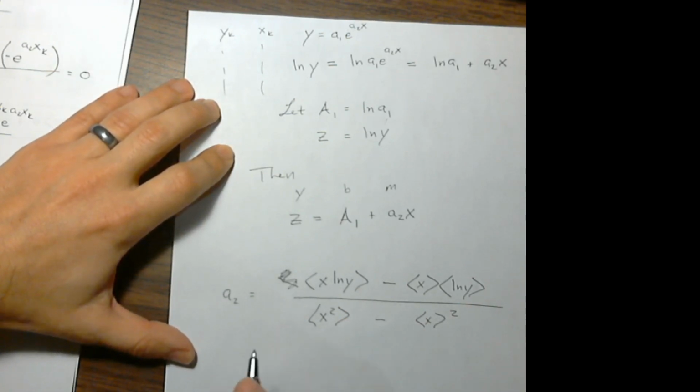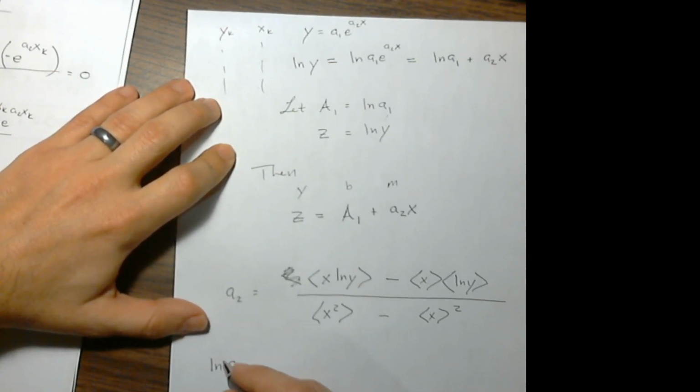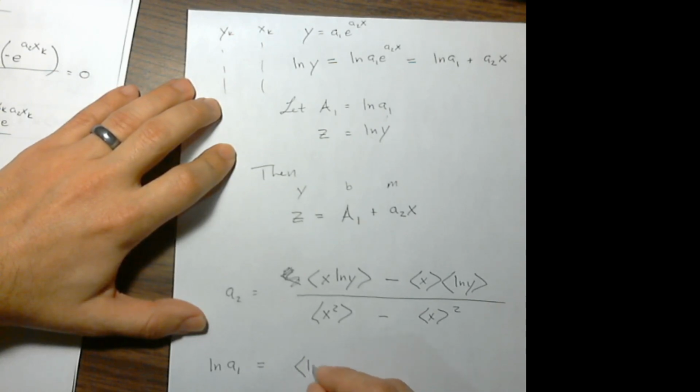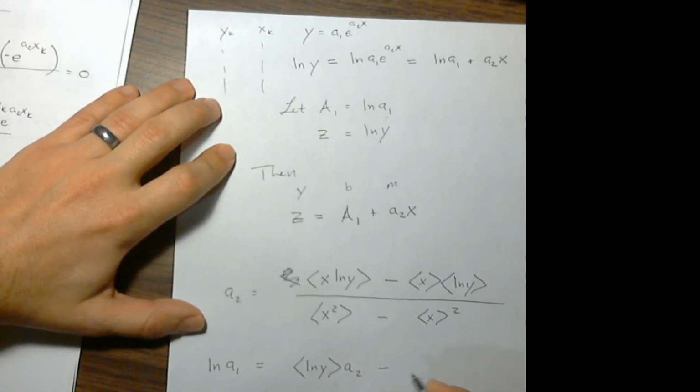And we'd end up with the natural log of a1 is equal to, rather, what did this end up being? Natural log y times a2 minus the expected value of x. Pretty sure that's right.